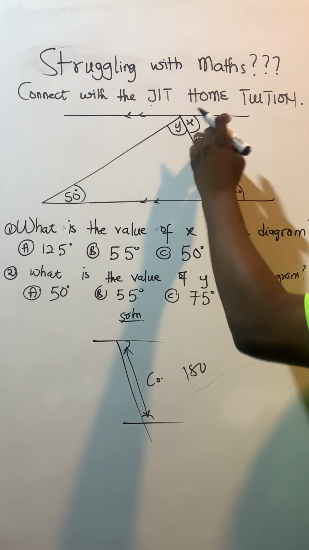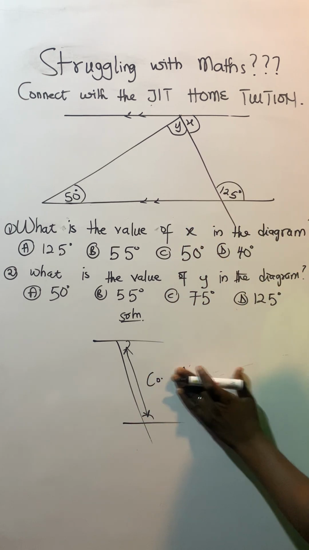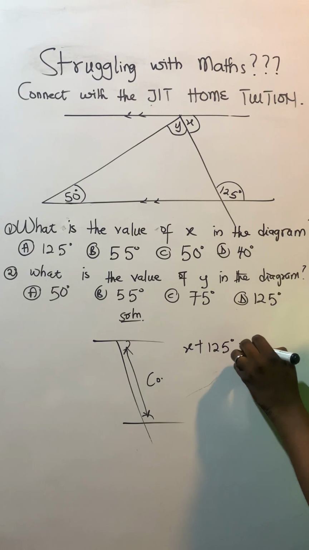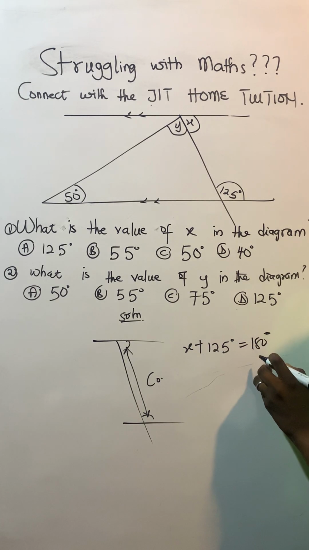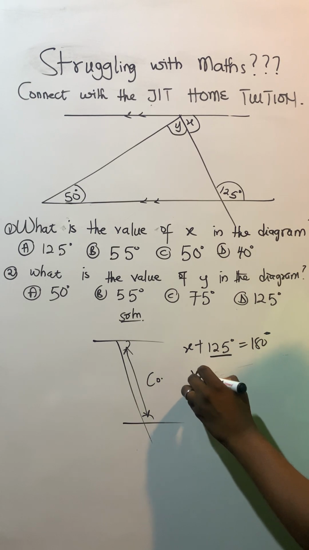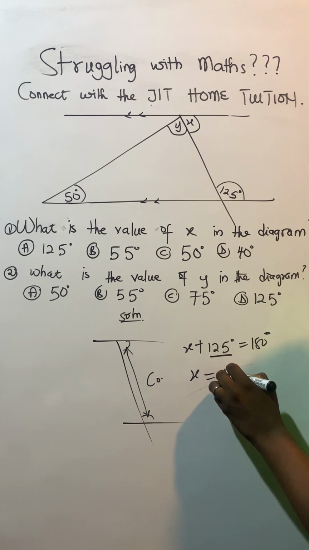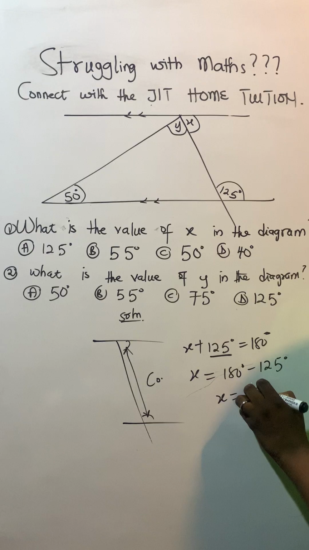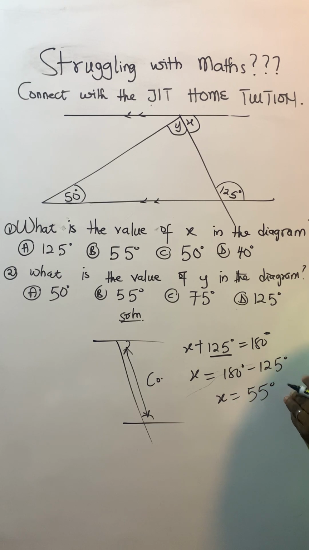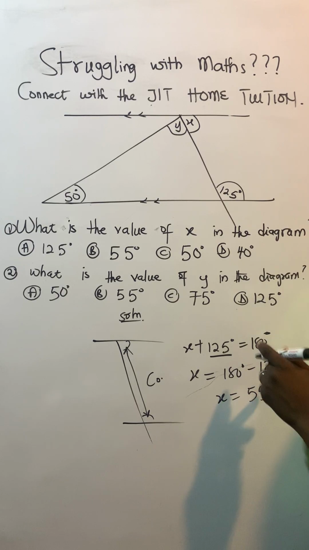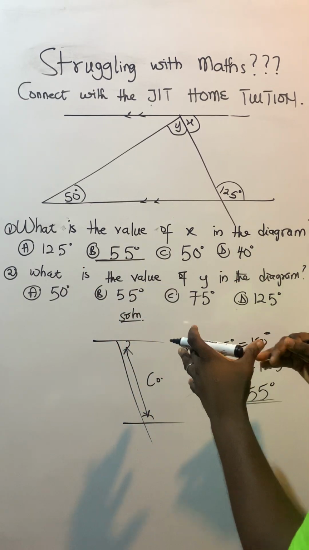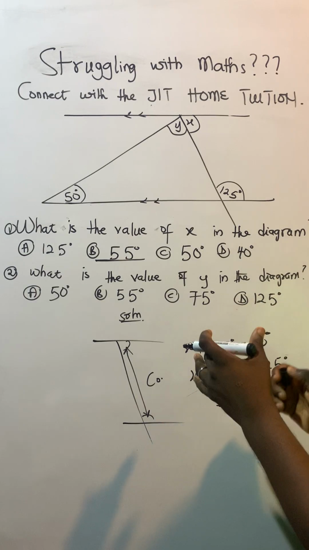Meaning that if you want the value of x, that will be x plus 125 degrees equal to 180 degrees. You have x equal to 180 degrees minus 125, and the value of x now becomes 55 degrees. So that is one approach that you can go about with it.